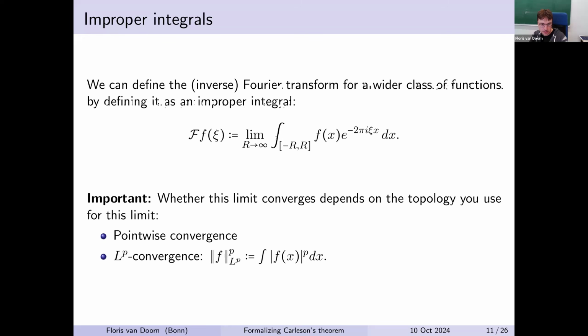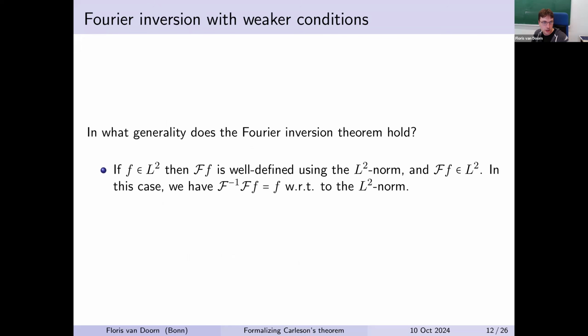And what you can also do is look at these integrals and see if they converge with respect to any of these L^p norms. Whether it converges or not depends very heavily on whether you use the L2 norm or the pointwise norm, as I will show in the next slides.